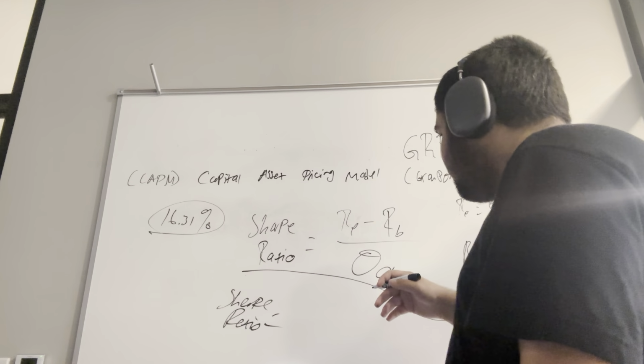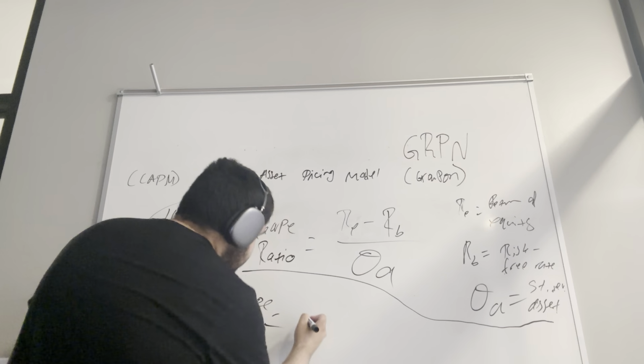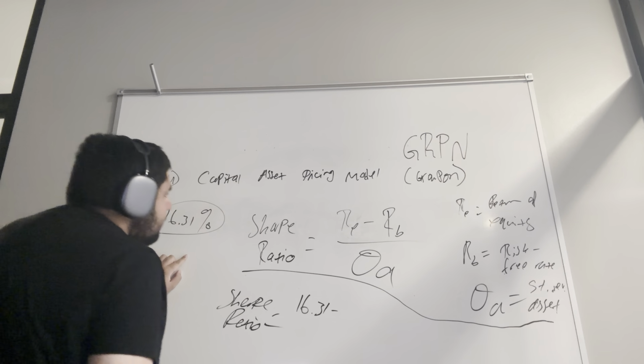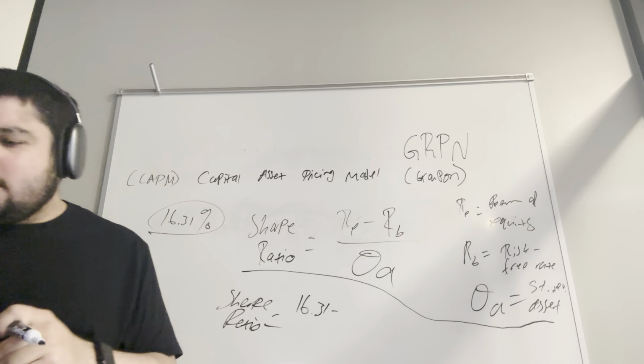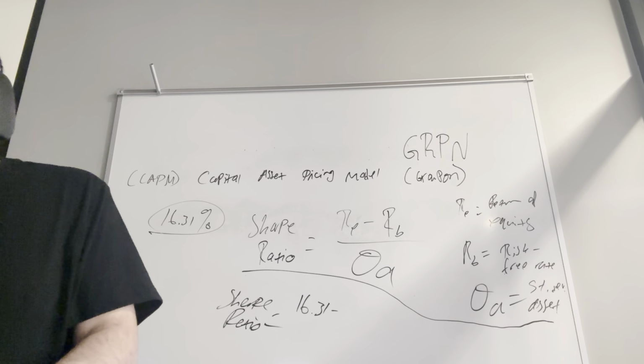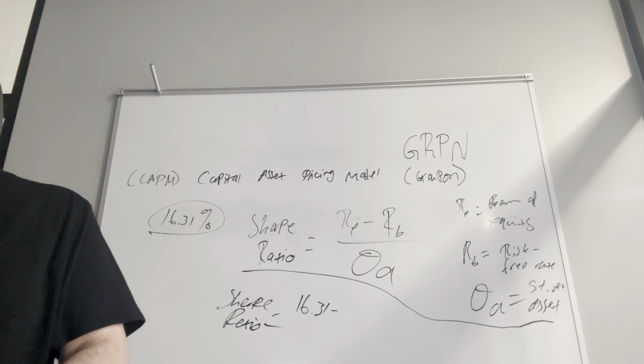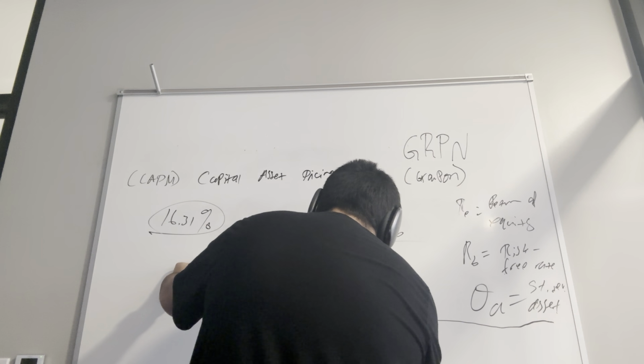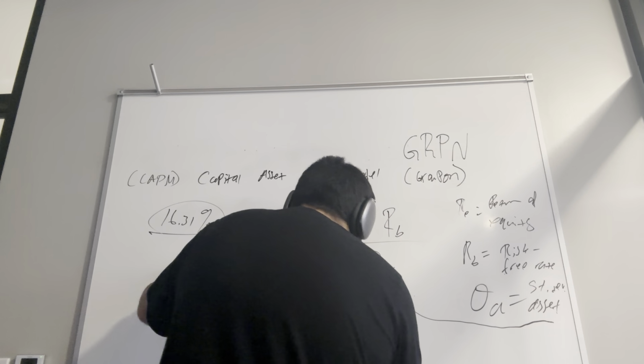So Sharpe ratio. We gathered that it was going to be 16.31 minus the risk-free rate, which was, what was it? 4.492, over the standard deviation.